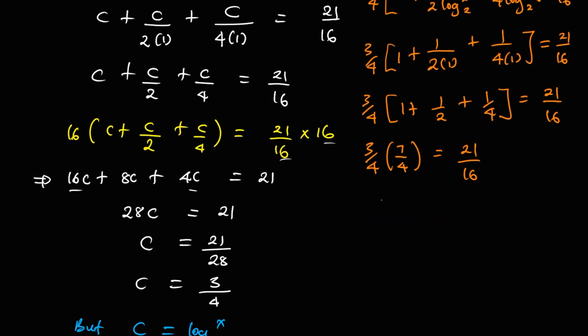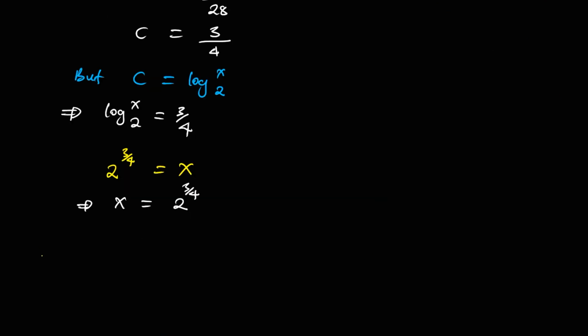So 3 times 7, we have 21, and 4 times 4 is 16, and this should equal 21 over 16. And since the left hand side equals the right hand side, therefore our value of x indeed equals 2 to the power 3 over 4, which also from indices equals 8 to the power a quarter.